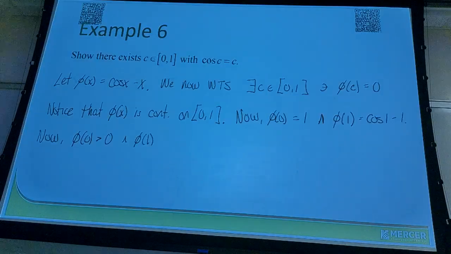If we look at phi of 1, well, cosine of 1, doesn't 1 fall between 0 and pi over 2, which is the first quadrant? That means that cosine of 1 is going to be positive, but less than 1. That makes cosine of 1 minus 1 negative.